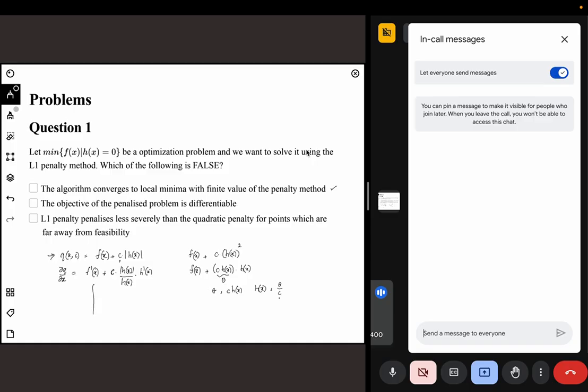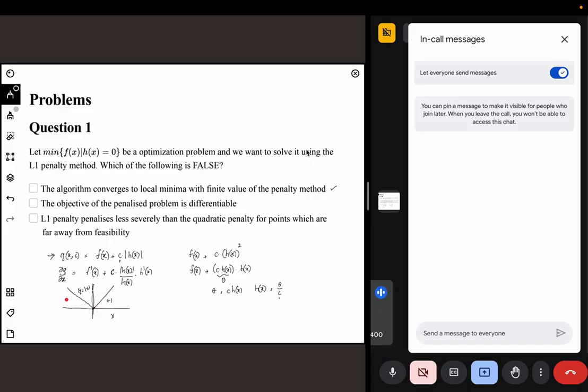So if you just draw the modulus function, this is my x and this is my mod x. So mod x will be something like this, right? So what is the derivative at x equal to 0? If x is positive, then the derivative is plus 1.